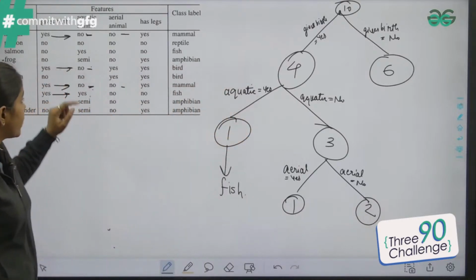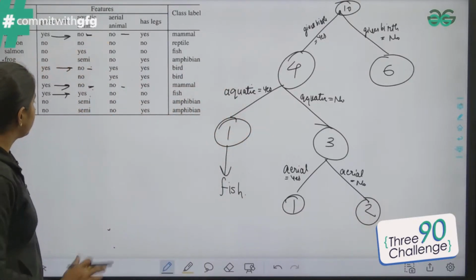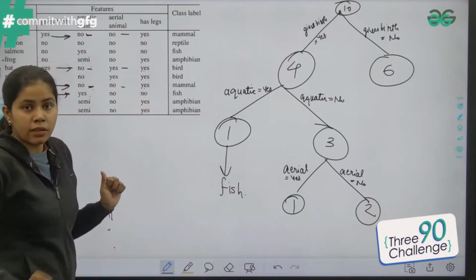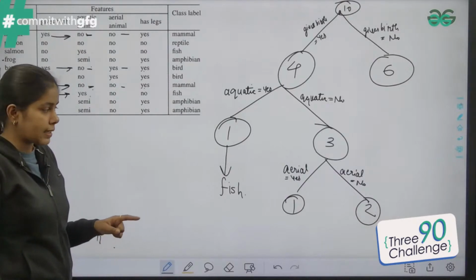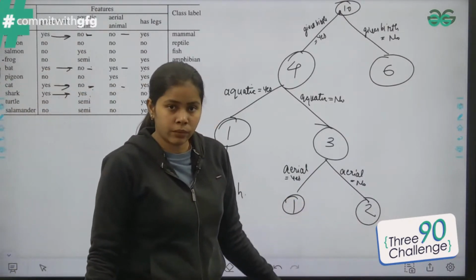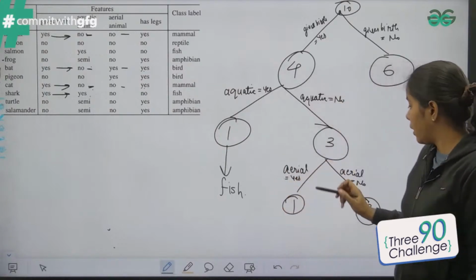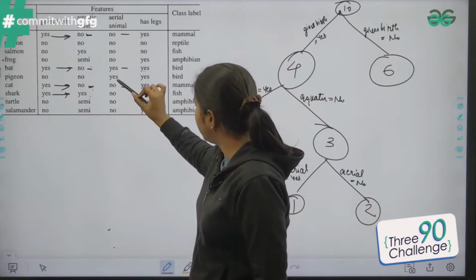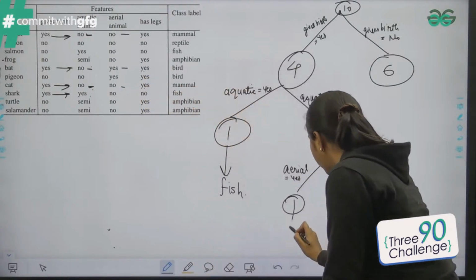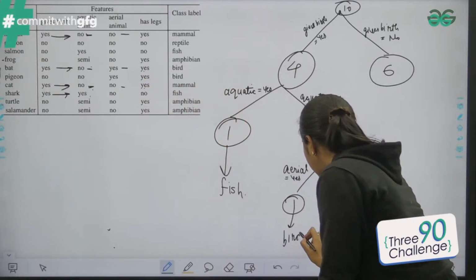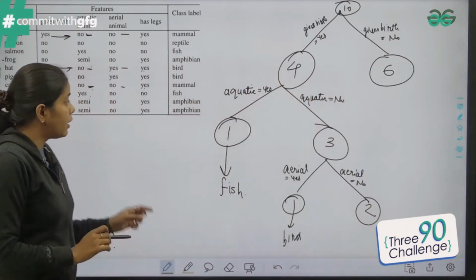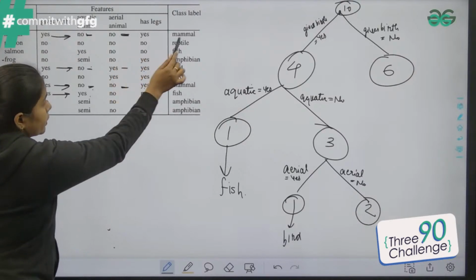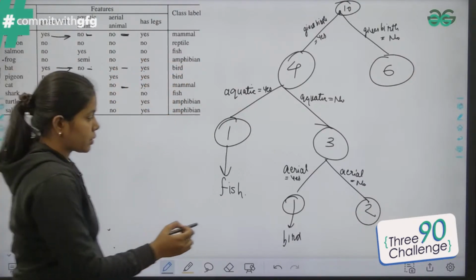If I look at these, all have has legs yes, so I do not have to divide it based on has legs, because it would be only one arrow. If aerial is yes, in this case the animal is a bird. And if aerial is no, this one and this one, it is a mammal.